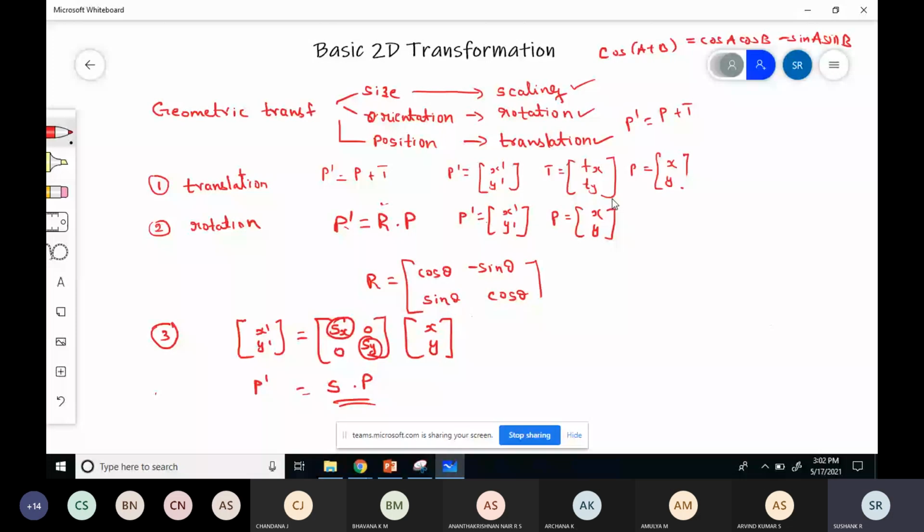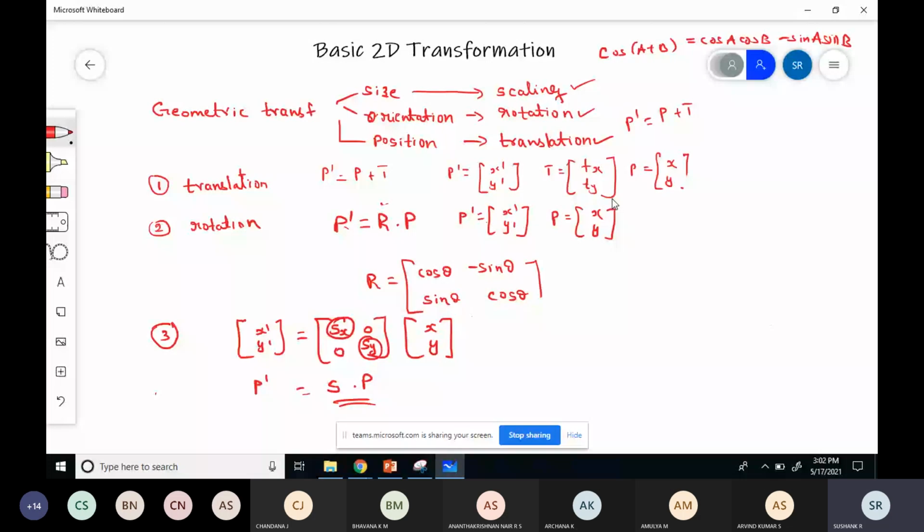So this we have derived with respect to the origin. We are performing the scaling with respect to the origin, but you can also perform the scaling by keeping some position in mind.